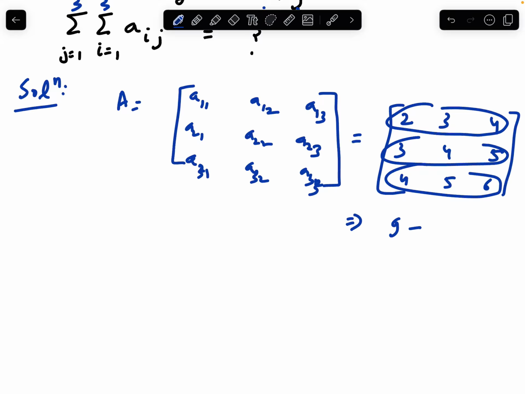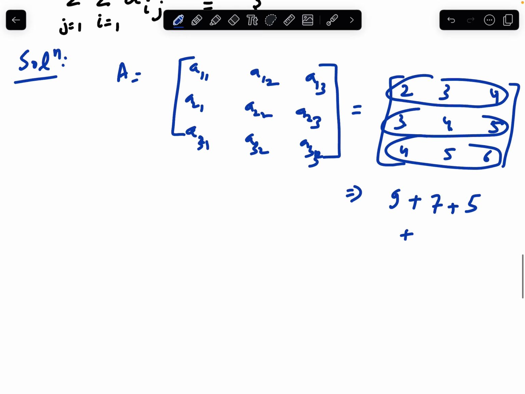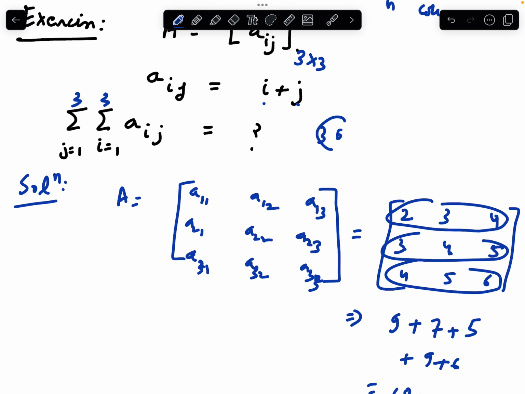Gives me 9, plus 9, plus 6. And what is this? This gives me 36. So 36 is the answer, right?